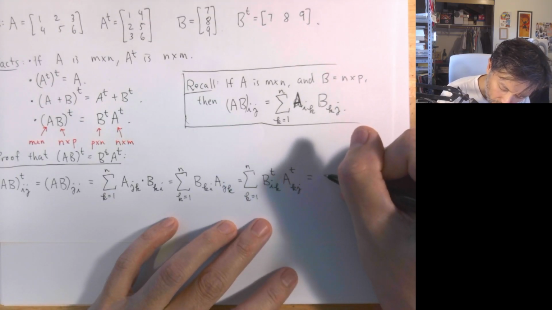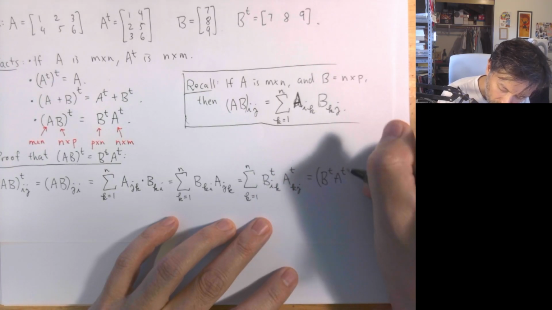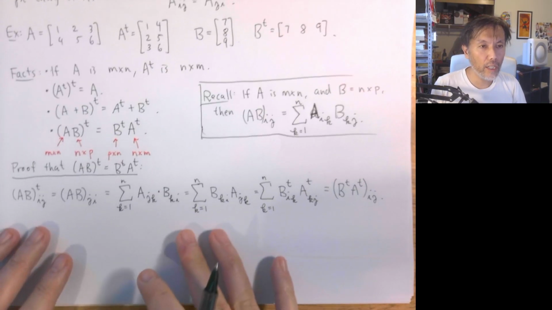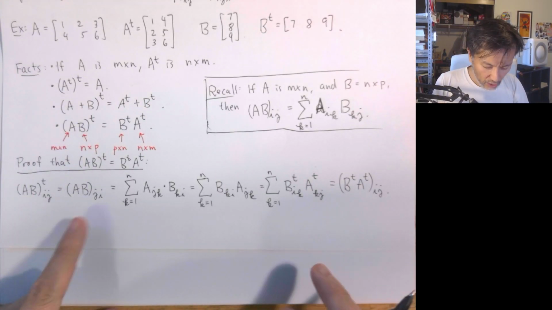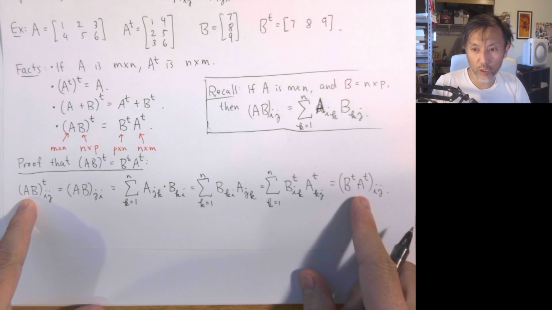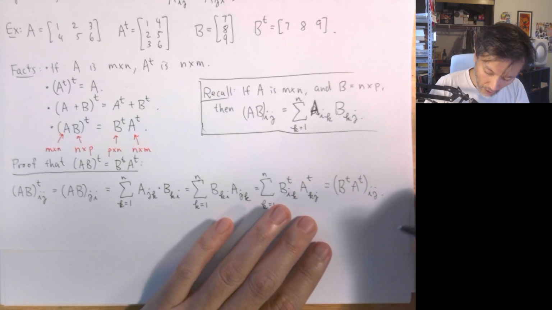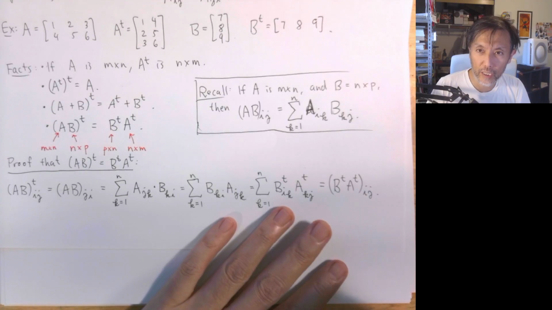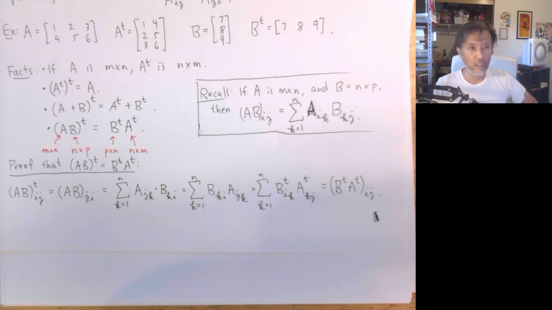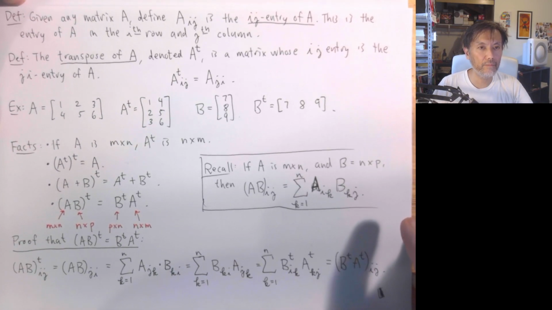So what I've done is show that the ijth entry of (AB) transpose is equal to the ijth entry of B transpose A transpose. That means these matrices are entry for entry equal to one another, and so that proves it. Okay, great.